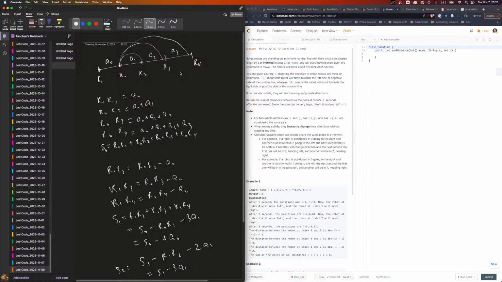And now S3 shall equal S2 minus 2 times A2. Does that make sense? Hold a second. So what's S2? S2 is this plus this, minus 1 A2, so this one's gone and it's just this. Minus another A2 is just this.